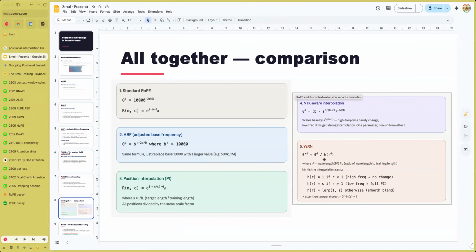And YaRN is ABF, but only for some of the dimensions. They're all very similar, but they do help to generalize to longer sequences, either with training or without further training, and increase model context length.